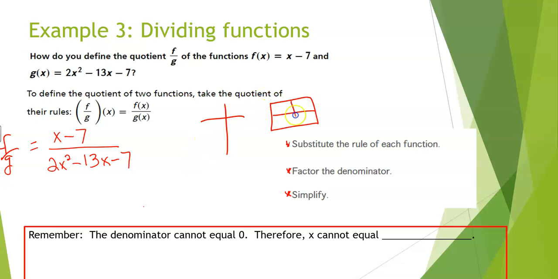This has to be 2x squared and this has to be negative 7. I multiply those two together and I get negative 14. I need the factors of negative 14 that add up to negative 13. Well, that's not too hard, because negative 14 and 1. So one of these is negative 14x and the other one is 1x.